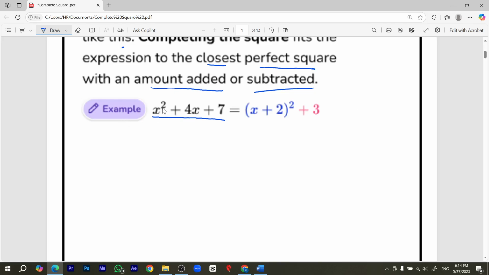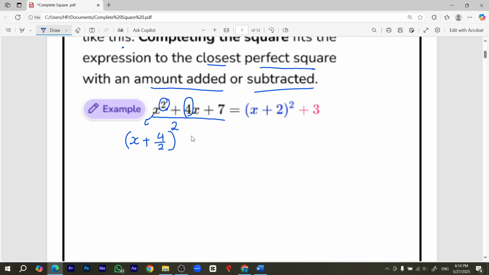First we have x squared plus 4x. I will open a bracket, remove the square and write x as x to the power 1, plus the coefficient of x divided by 2, so 4 divided by 2, and place the power 2 outside the brackets.